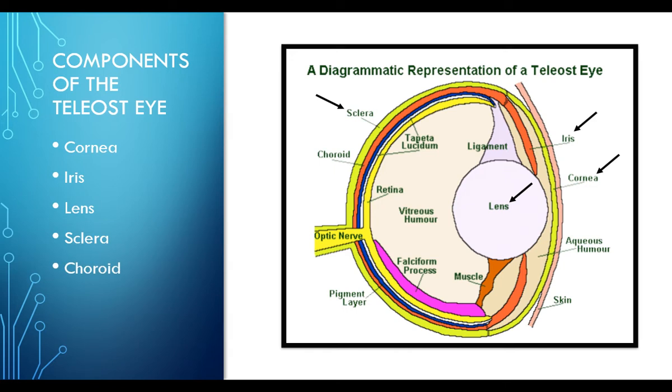The choroid and the tapetum lucidum, right there, sometimes work together to reflect light through the retina back into the inner eye, so that it increases the light efficiency and photoreceptors are able to detect the incoming signals.